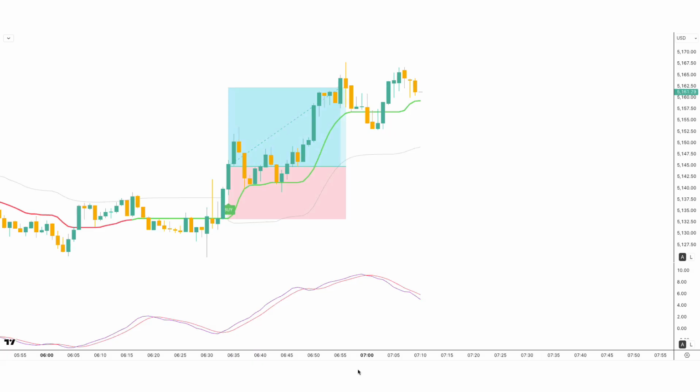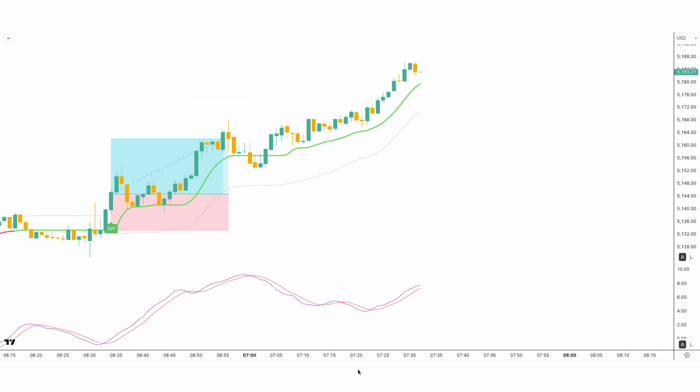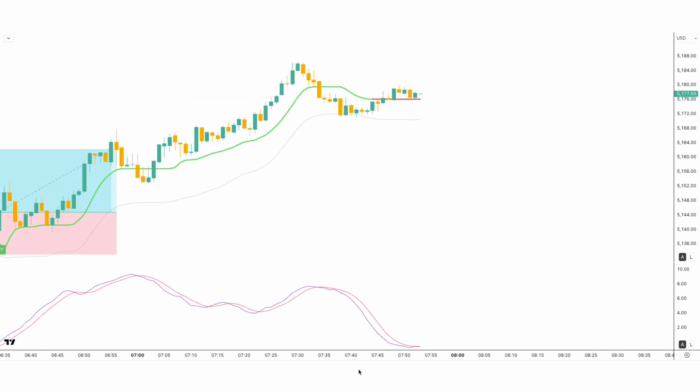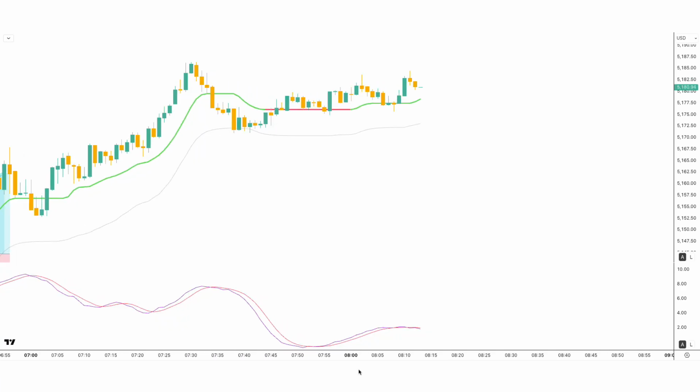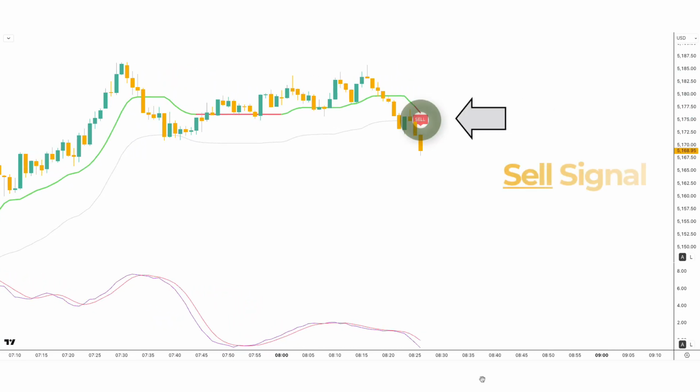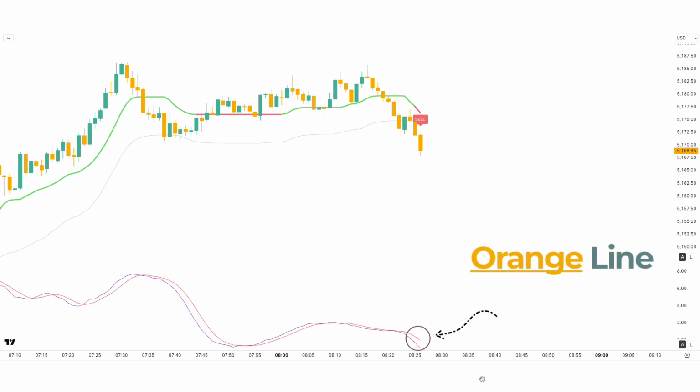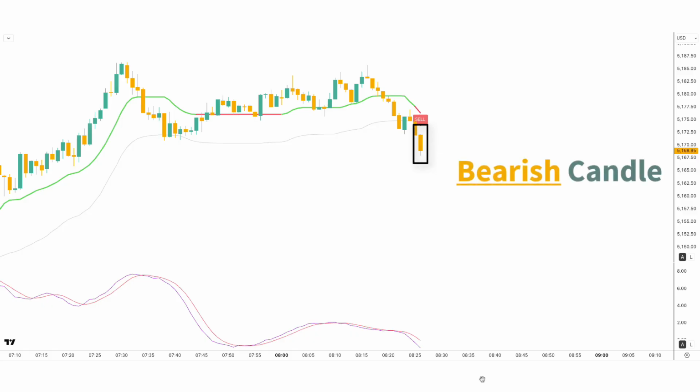Let us now understand the short position. When the Trend Sniper V2.5 arrow of this indicator is a sell signal, the red line of Zero Lag Multi should be above the purple line, and the market forms a bearish candle.